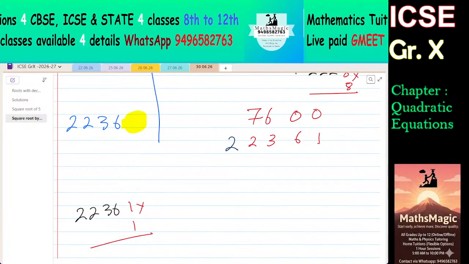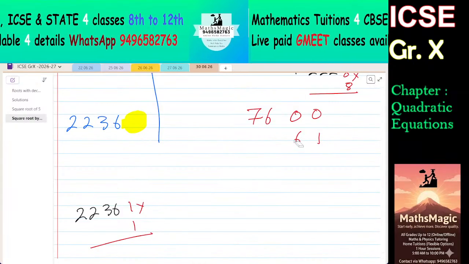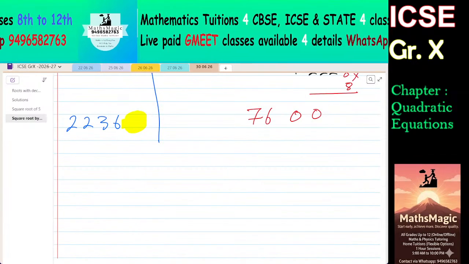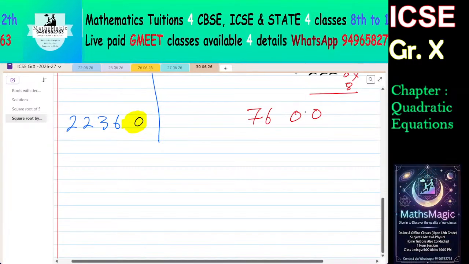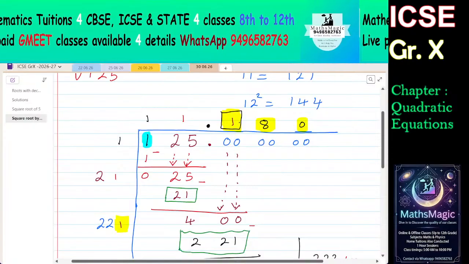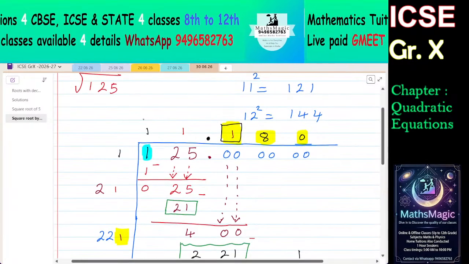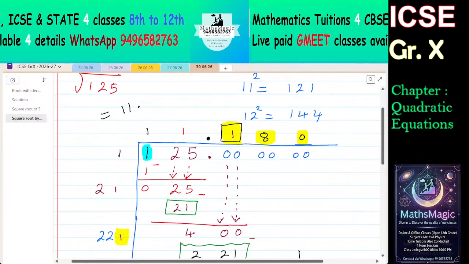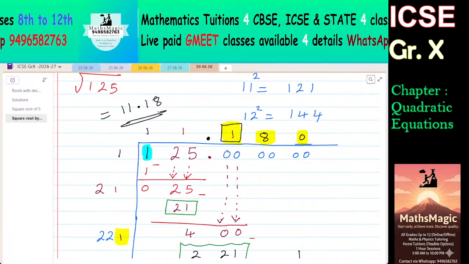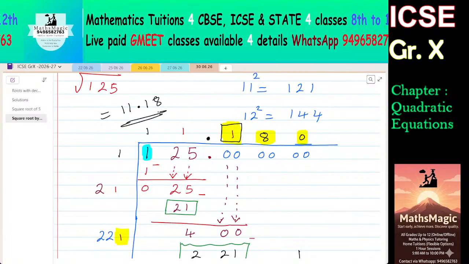So your choice will be to write 0. You have no other choice. So 0, top is 0. So you will get the approximate answer as 11.18. Okay. So that's the trial.